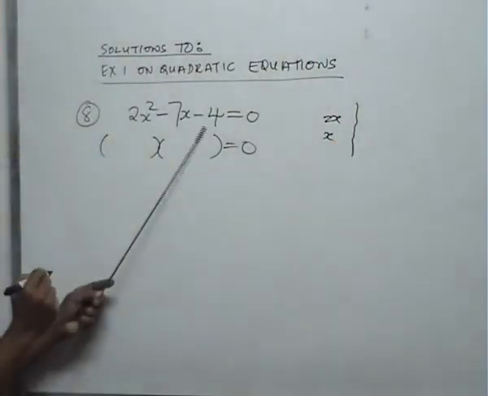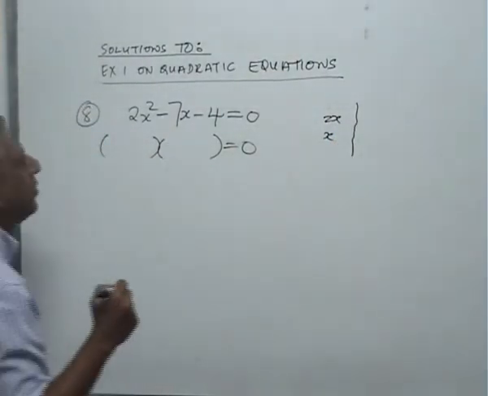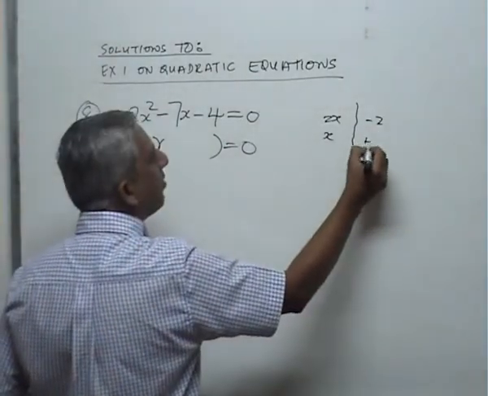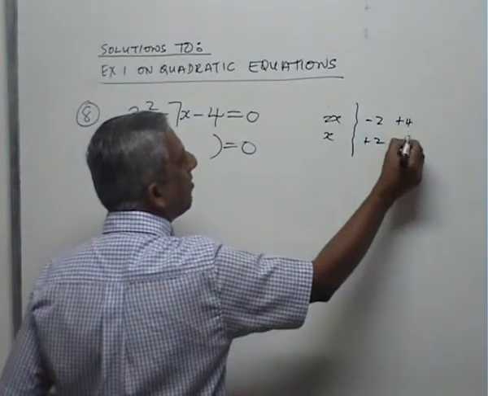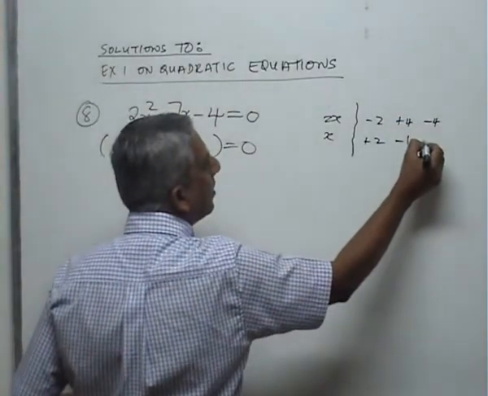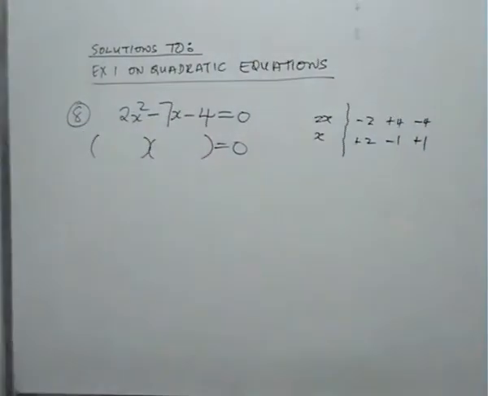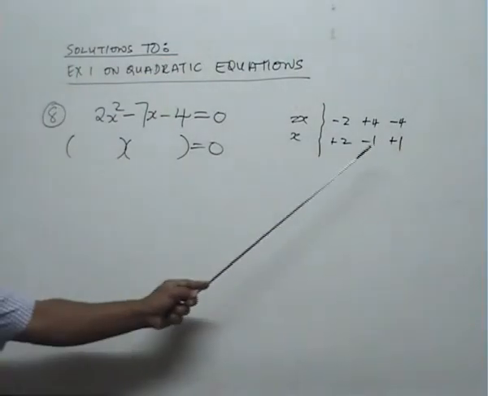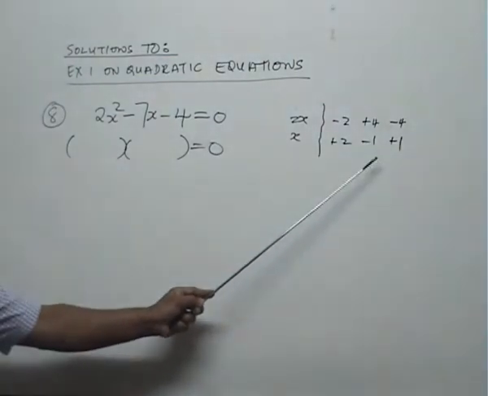Then you got minus 4. Now for minus 4, I got many choices. It could be minus 2 and plus 2. It could be plus 4 and minus 1. It could be minus 4 and plus 1. Now I'm looking for minus 7 in the middle. So I must have a good look here and make a choice.